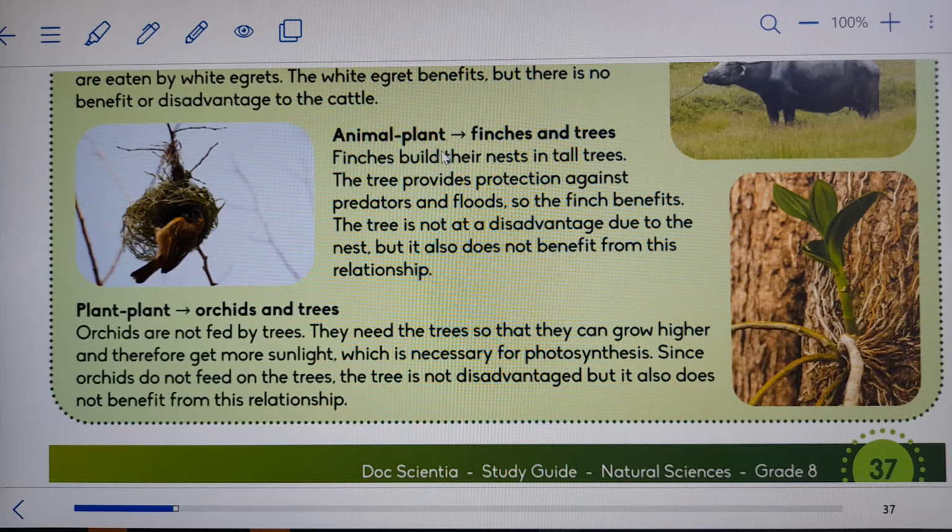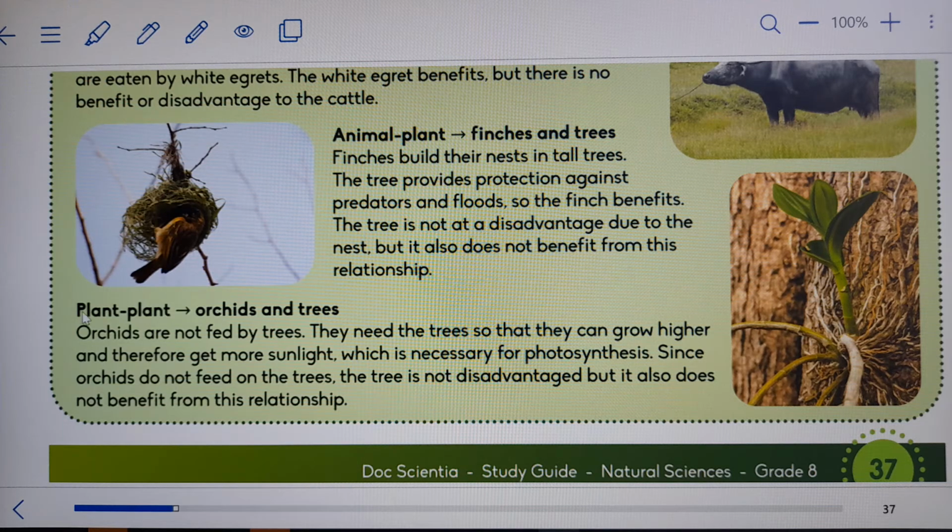So here the finches build their nests in tall trees. The tree provides protection against predators and floods. So the finch benefits. The tree is not at a disadvantage due to the nest, but it also does not benefit from this relationship. One party benefits and the other one is not harmed, it's not disadvantaged.